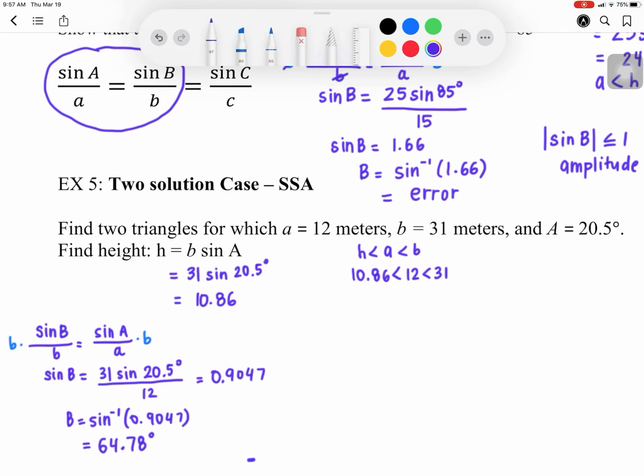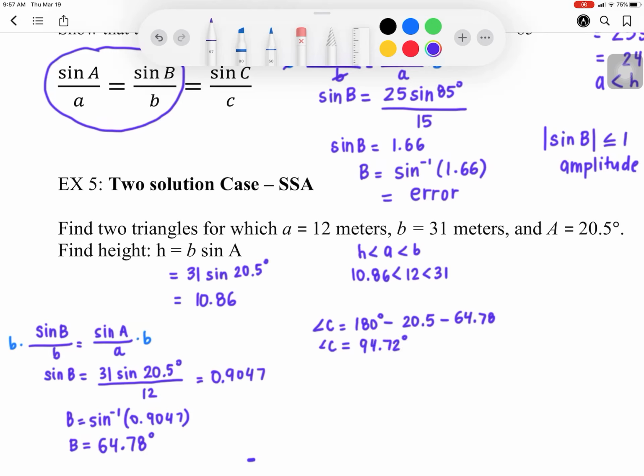Well, now that you have angle B, the easier one is to find angle C. Angle C, we know that in a triangle, they all add up to what? 180. So you can go ahead and do 180, subtract 20.5, subtract 64.78, and that should give you 94.72 degrees.